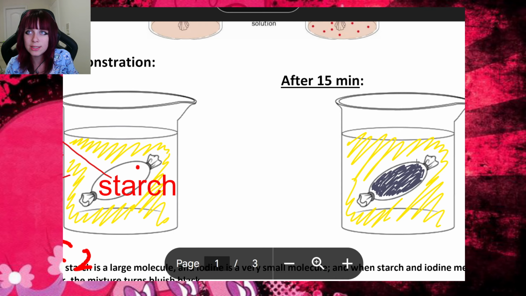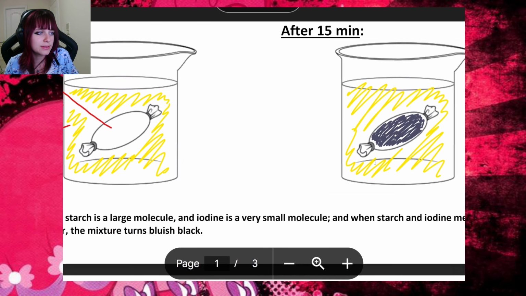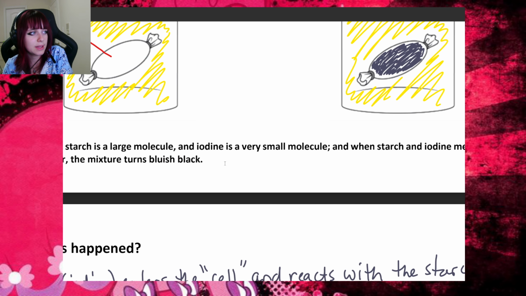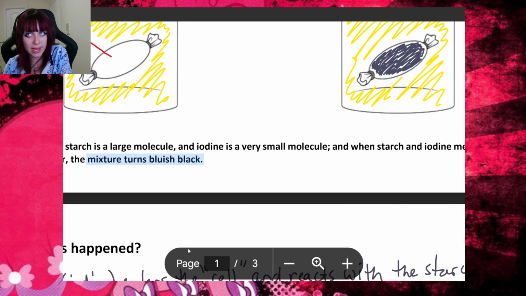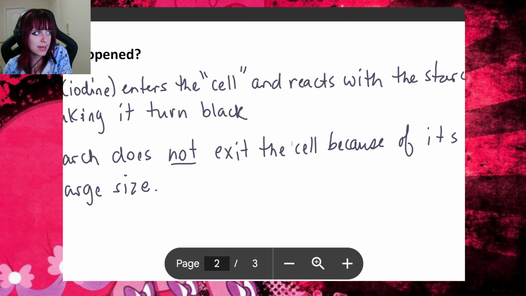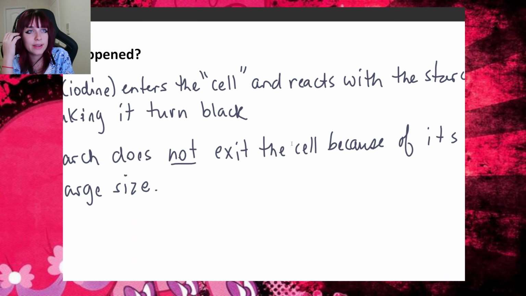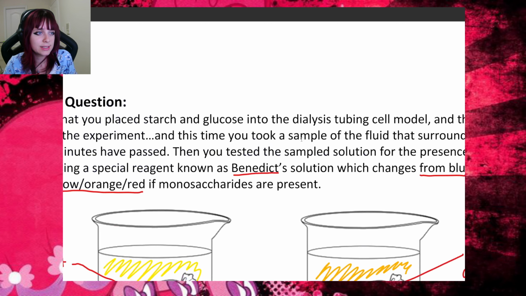The starch is way too big for those pores, but the I2 isn't, so it goes into the dialysis tube. And what this does is it causes a reaction. When they meet, the mixture turns bluish black. What has happened? Iodine enters the cell and reacts with the starch, making it turn black, and the starch does not exit the cell because of its large size.